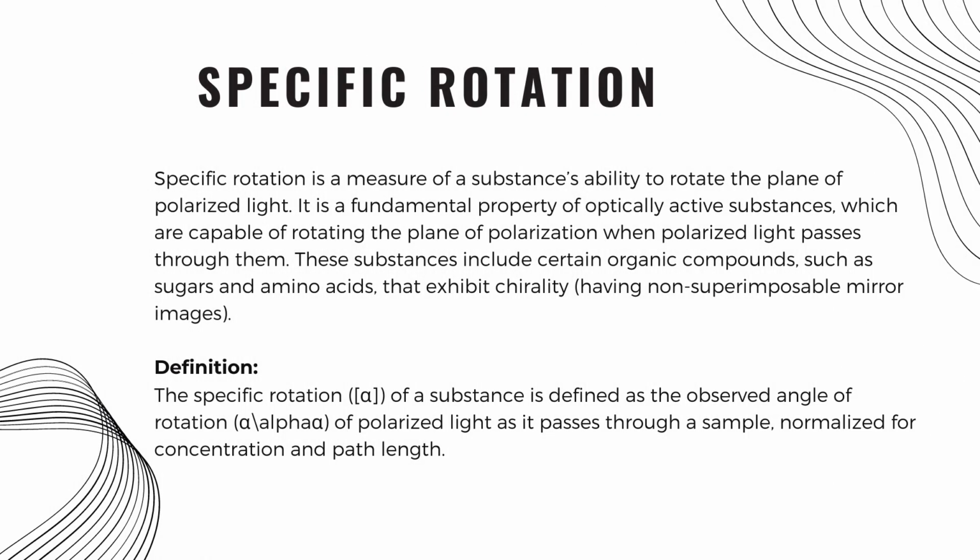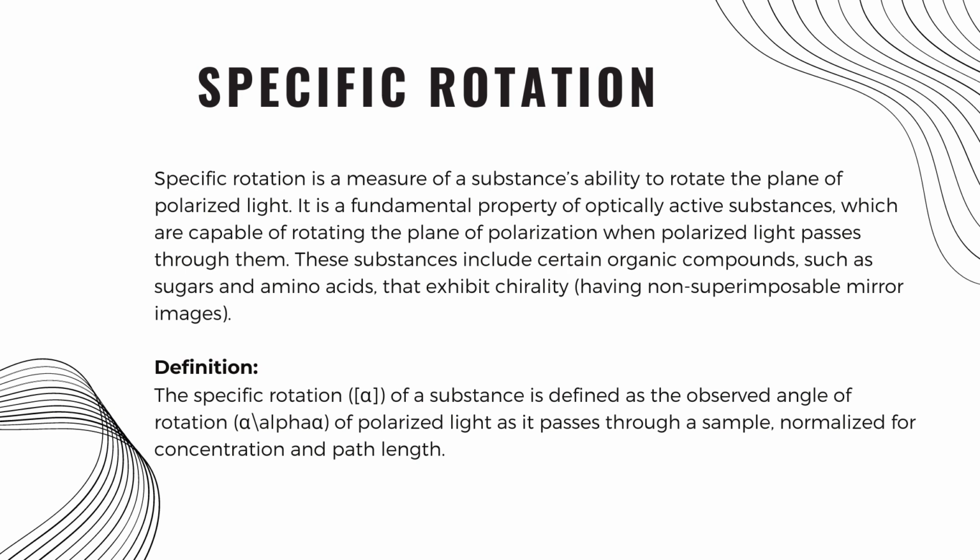Specific rotation. Specific rotation is a measure of a substance's ability to rotate the plane of polarized light. It is a fundamental property of optically active substances, which are capable of rotating the plane of polarization when polarized light passes through them. These substances include certain organic compounds, such as sugars and amino acids, that exhibit chirality, having non-superimposable mirror images.